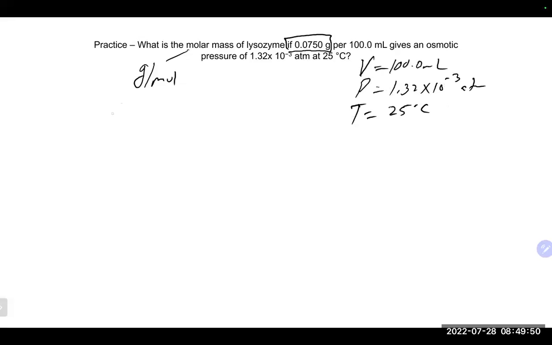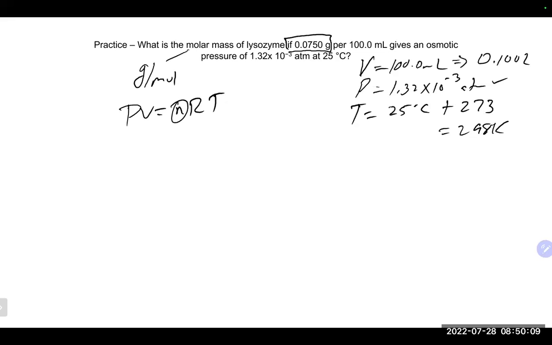So once again here, we could do our PV is equal to nRT. We're going to use it to solve for moles. Once again, a little conversion here. We're going to convert this to liters. So that's going to be 0.1 liters. Atmospheres is good. So we'll add our 273 over here, and that gets us our 298 Kelvin. And now we can solve for n, take RT to the other side, gives us PV over RT.